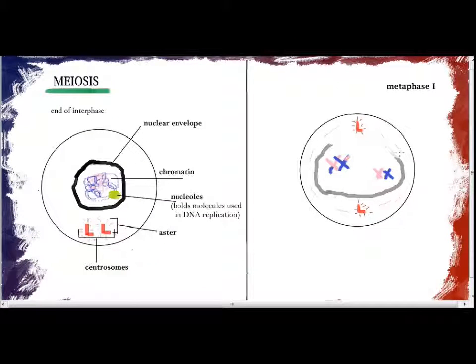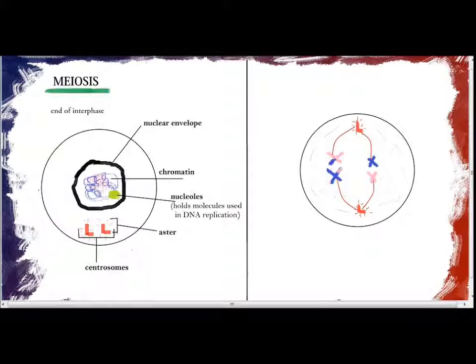And once again, in prophase 1, the centrosomes move to opposite poles of the cell. In metaphase 1, the nuclear envelope completely disappears, and the homologous pairs line up at the center or at the equatorial plate. And once again, spindle fibers from the asters connect to the chromosomes. In anaphase 1, the spindle fibers pull away the homologous chromosomes from each other.